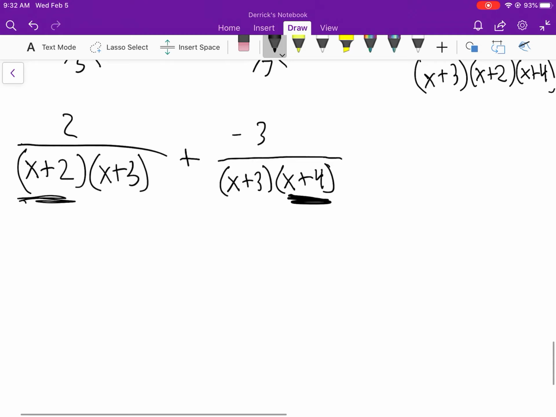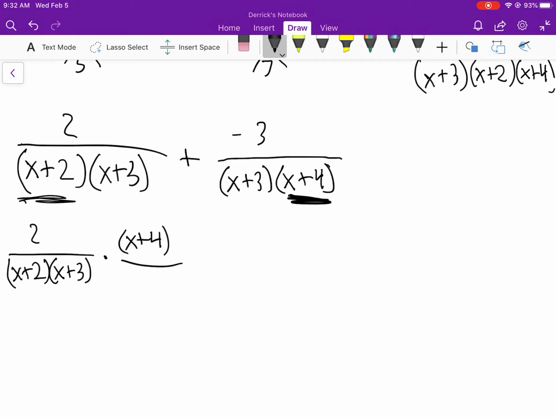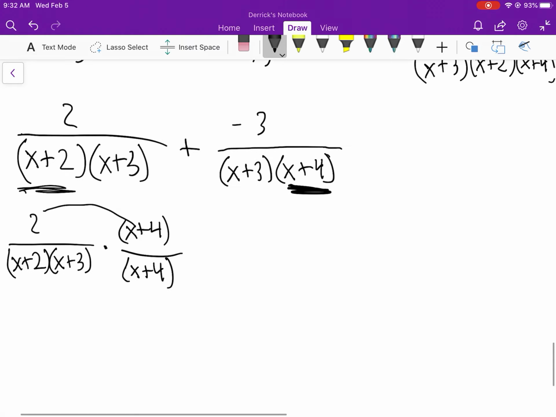Meaning, looking at my first fraction, I have to take 2 over x plus 2, x plus 3, and I need to multiply by x plus 4 on top and bottom, because that's what I'm missing in my first fraction. So, 2 times x is 2x, 2 times 4 is 8.